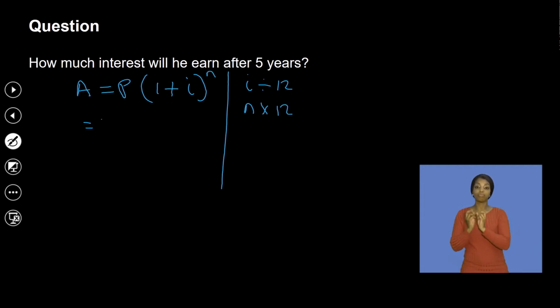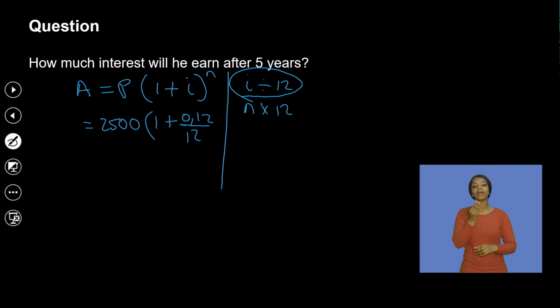And then our P amount will be 2,500 into 1 plus our I is 12%, which means it's 0.12. Then we divide this by 12. Why? Because it's compounded monthly. And then this will be to the exponent of 5 multiplied by 12. Why? Because every year, Tshepo will be getting interest 12 times for 5 years. Hence, it's 5 times the 12.